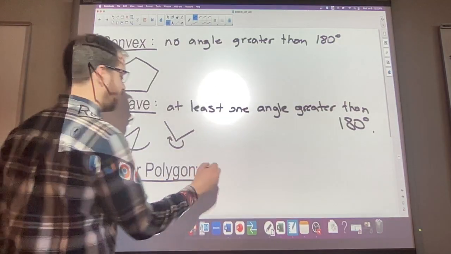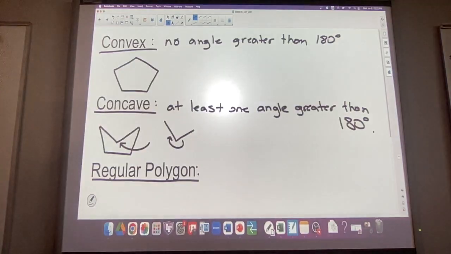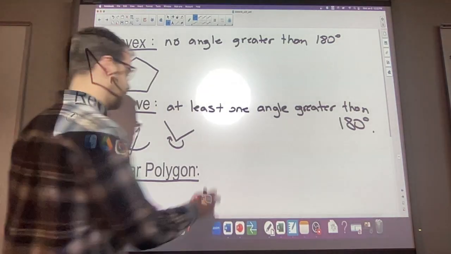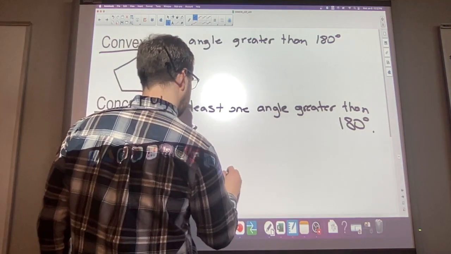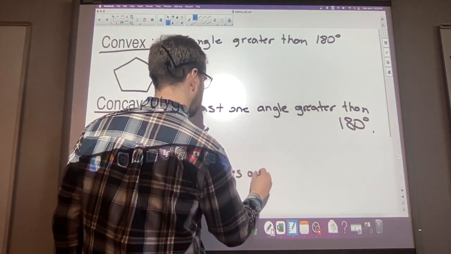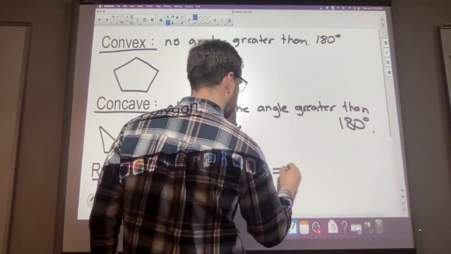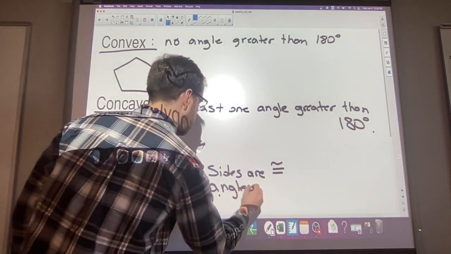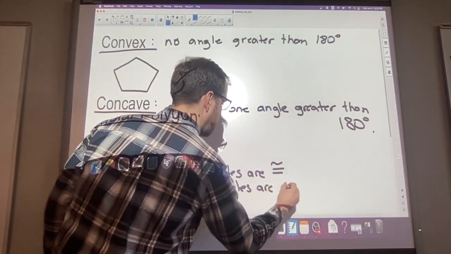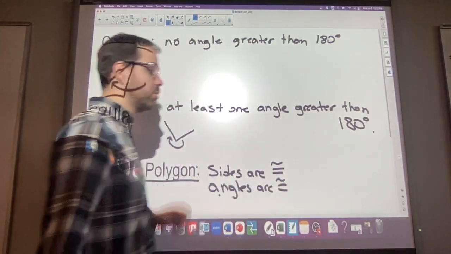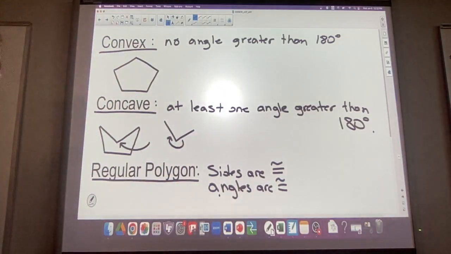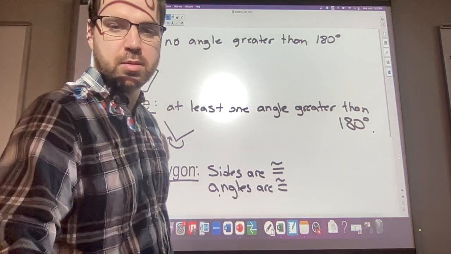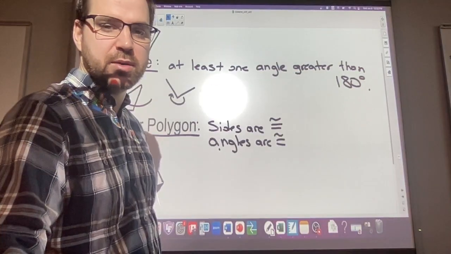All right, regular polygon. I think this is the last vocab word we got to learn. Well, maybe there's one more. Regular polygon means two things. The sides are congruent, and the angles are congruent. So, two very common regular polygons that we don't call regular because they have their own names are, we'll draw them down here.